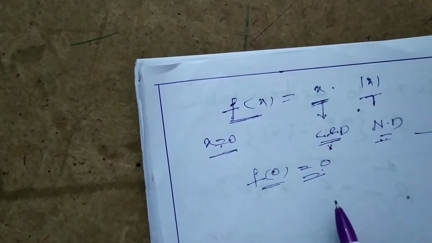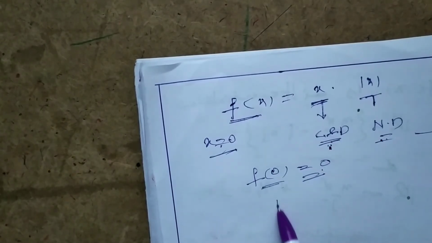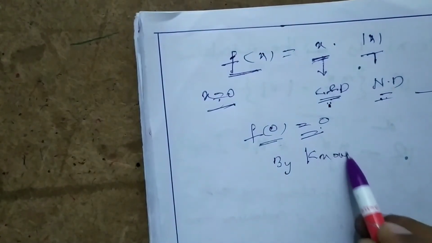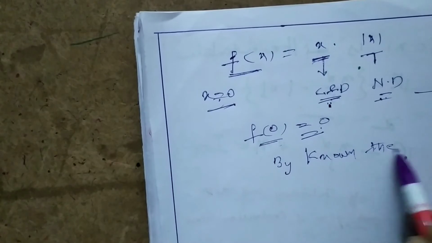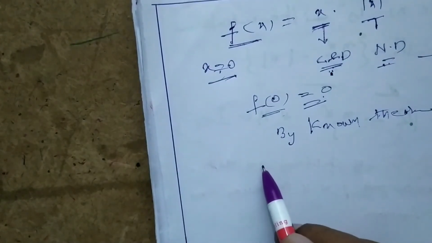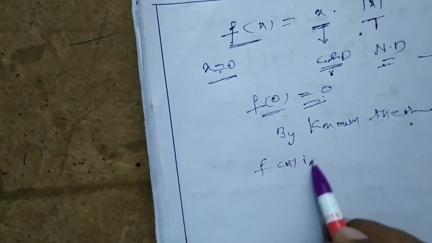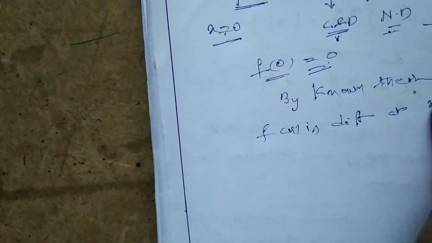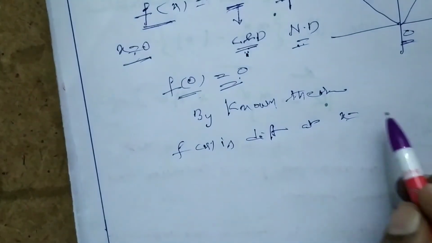So by the known theorem, what can you say? The function f of x is differentiable at x is equal to 0.